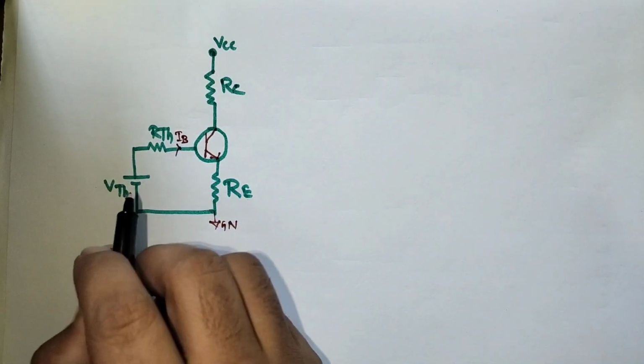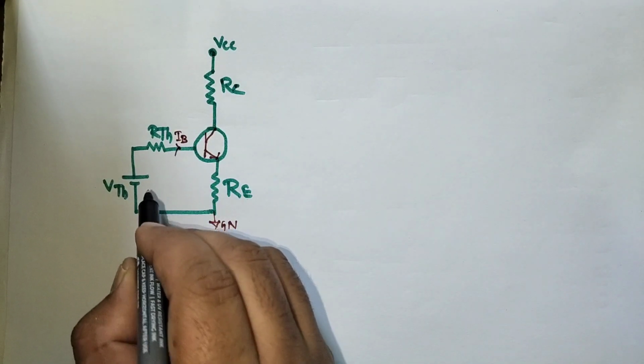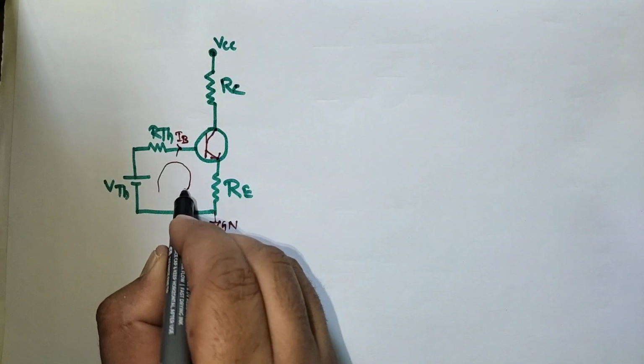For finding IB, we need to apply KVL in the circuit.